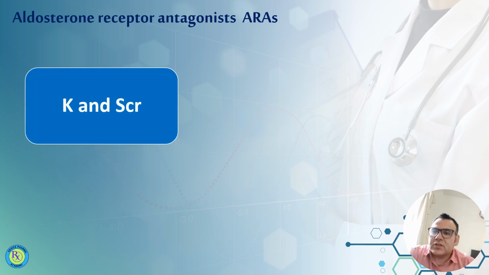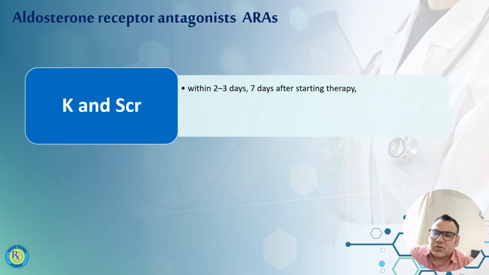What is the monitoring needed for aldosterone receptor antagonists? It is very important to monitor potassium because they cause hyperkalemia, and serum creatinine due to their effect on renal function. This should be done within 2 to 3 days of start and 7 days after starting therapy.